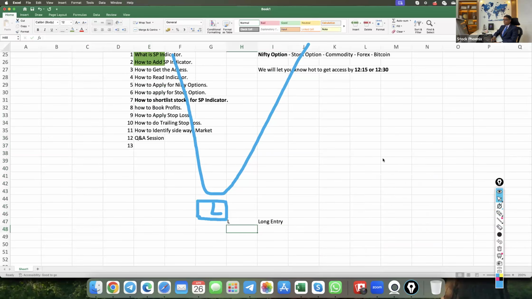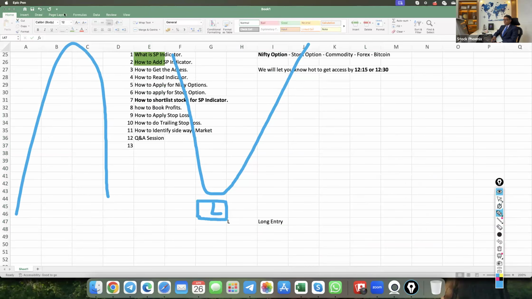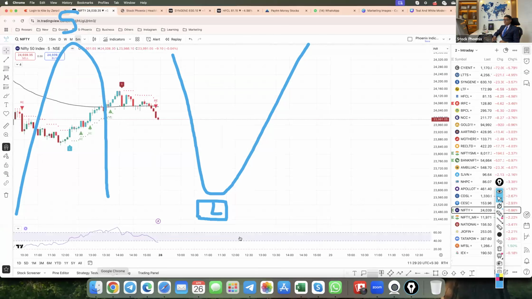Similarly, when the market goes up and comes down, it generates an S signal, which means a short entry. Any confusion, any doubts? So far, we have covered two icons that are part of the SP indicator. Is it clear?